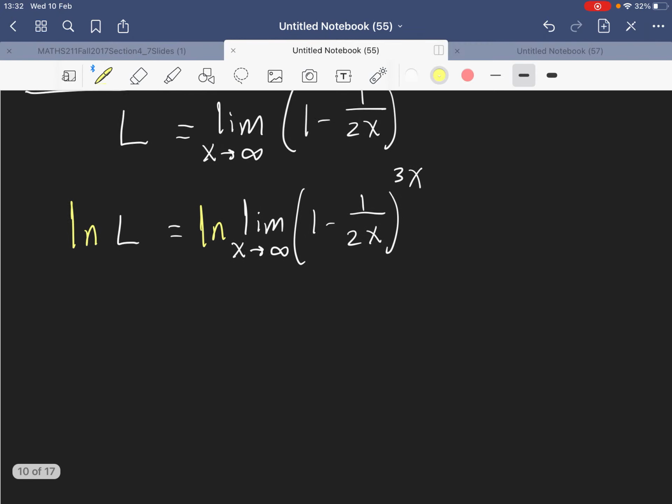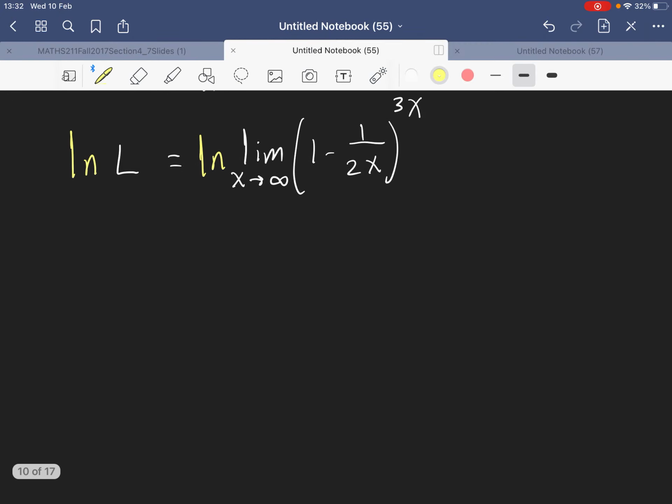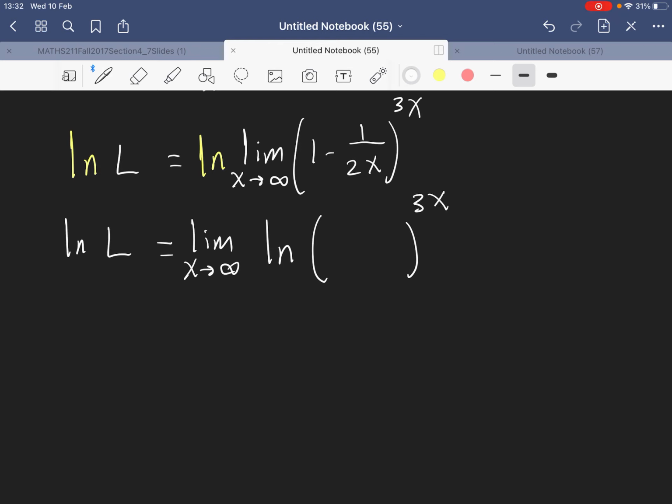Now, of course, whenever we have ln, the ln will switch with the limit. That's straightforward. So we get ln L equals the limit, and then we have the ln to the power of something.